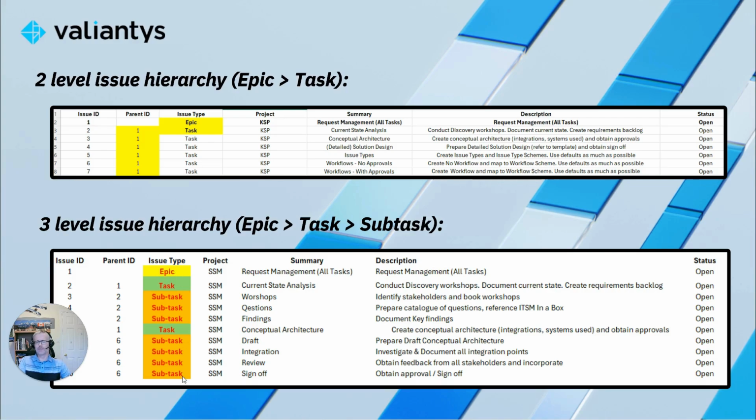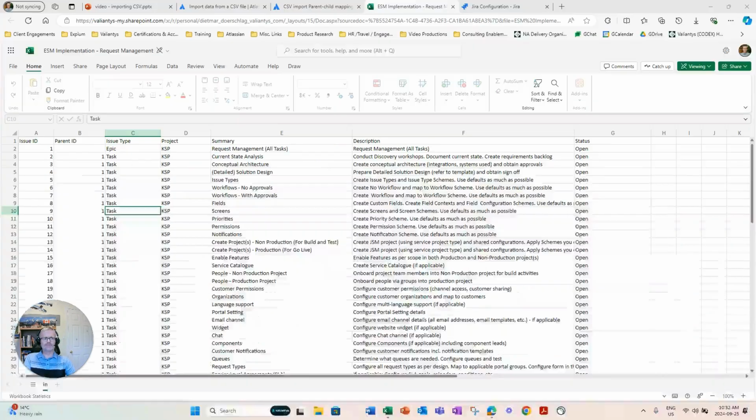So in this second example here, I have one epic, I have 2 tasks, and those 2 tasks are further broken down into subtasks. In this video, I'm going to demonstrate 2-level issue hierarchy CSV importing, and I'm just going to show you the results of data that is imported if you apply a 3-level issue hierarchy importing. So with that, let's jump in.